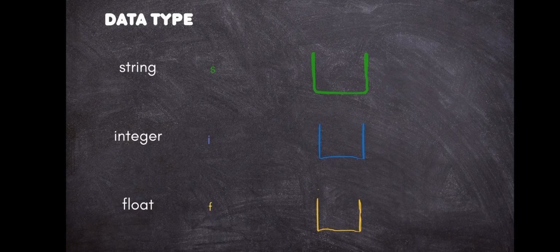In this figure, we can see the string values are getting stored in the green boxes, the same goes for integer in the blue boxes, and the values having data type float are getting stored in yellow boxes.